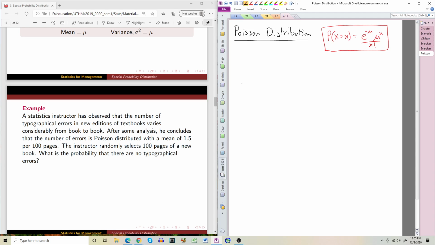The instructor randomly selects 100 pages of a new book. What is the probability that there are no typographical errors? Variable is the number of typos in 100 pages.